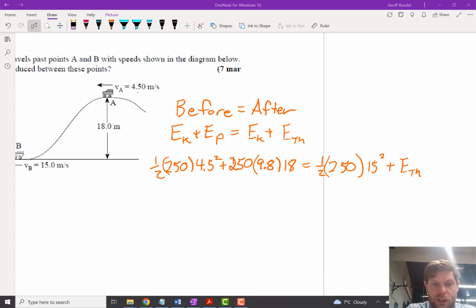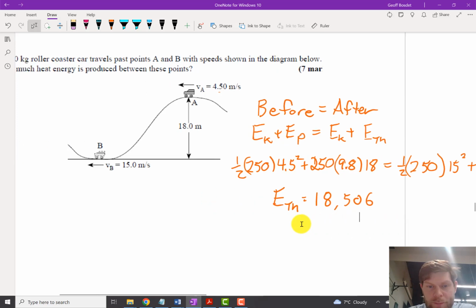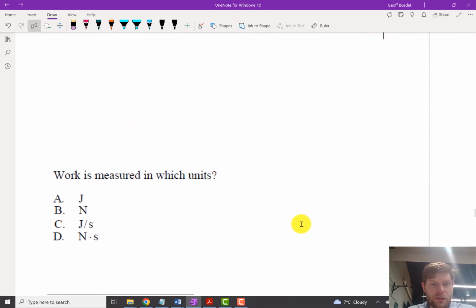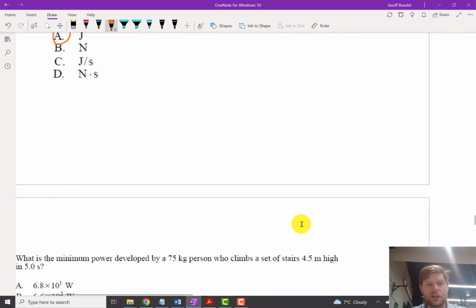And that gives you an E thermal of 18,506, I believe. Yeah, it should be about right. That's in joules. Work is also measured in joules. Energy is joules, and work is just change in energy.